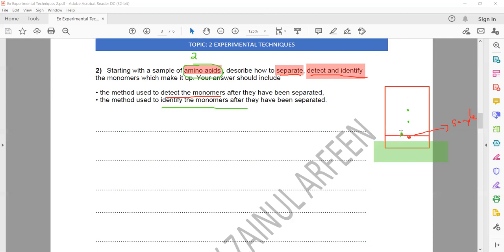We will measure the RF value, the distance moved by the spot divided by the distance moved by the solvent. We measure this RF value, and we will see the table, because for the 20 amino acids there is a full table. You don't have to learn the values for amino acids. So using the RF value, you can identify which amino acid was there in the sample. Is it clear? Yes, sir. Okay.